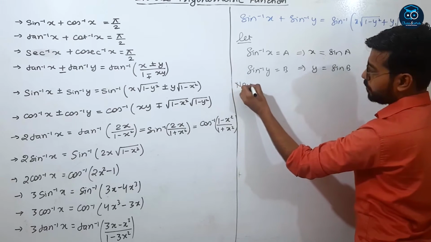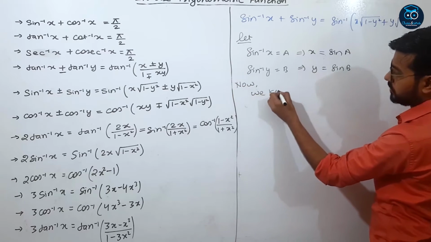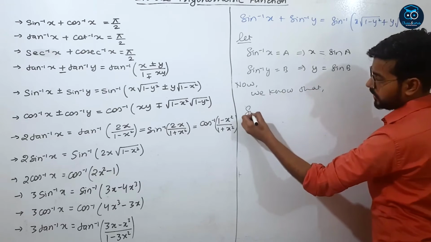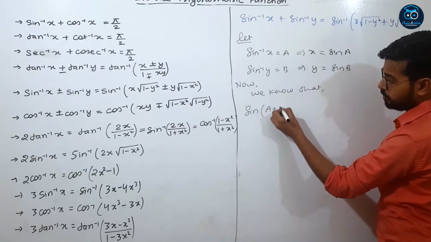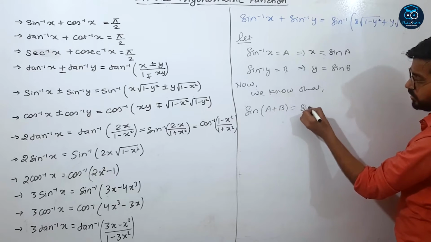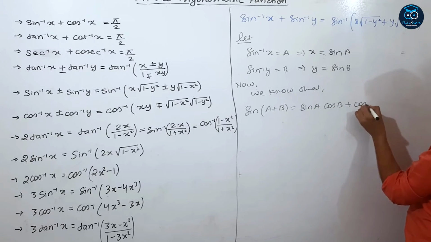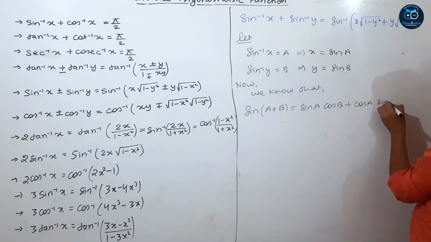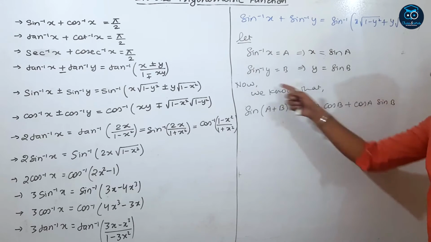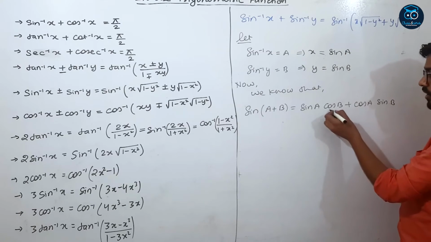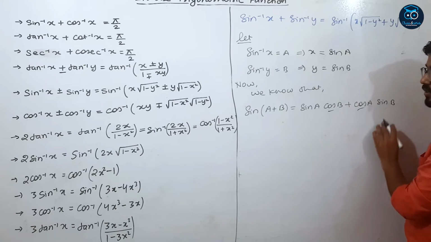Now we know that sin(A plus B) equals sin A cos B plus cos A sin B. Here we have all the values in terms of sine, so we have to convert these two cos terms into sine as well.